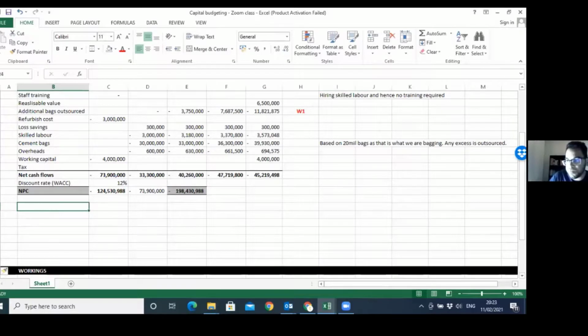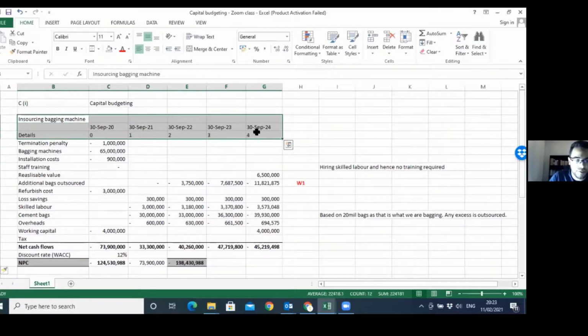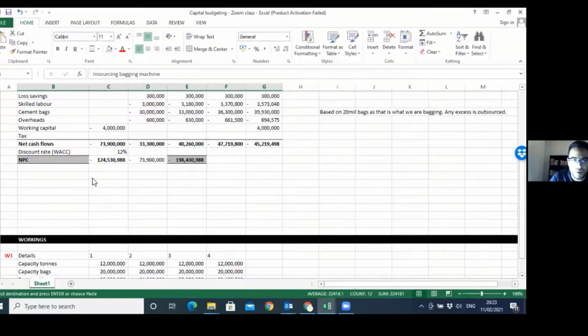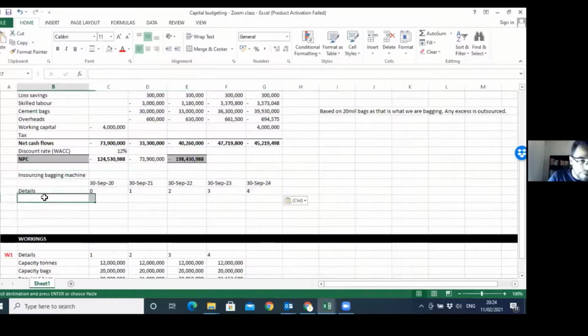So remember, based on contract, 20 million. Beyond contract amount.